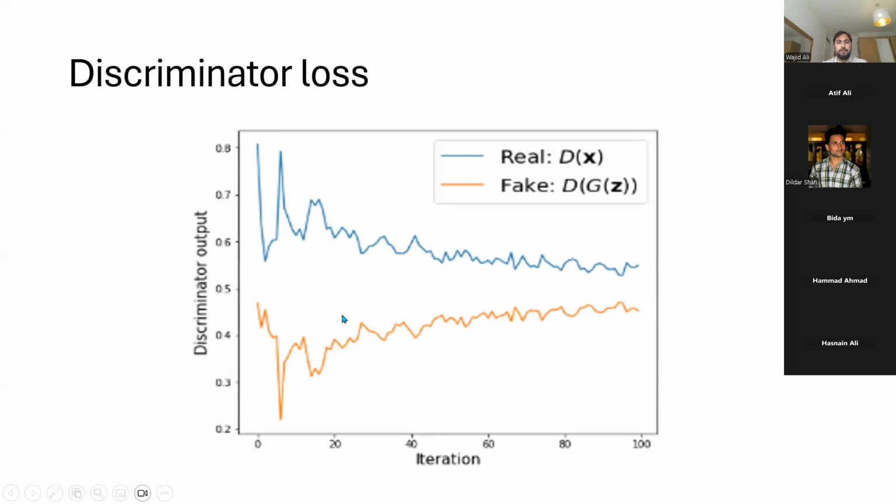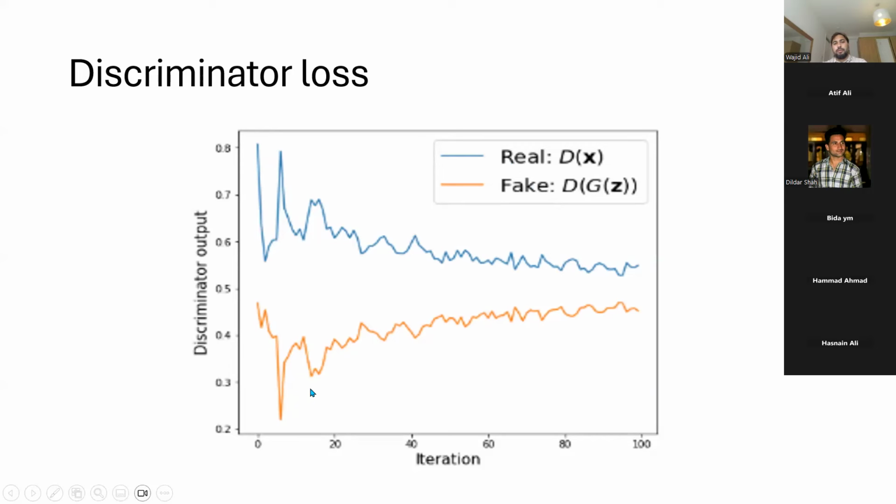This is how the discriminator loss looks. The yellow line shows fake data, and the blue one shows real data. Initially, the blue one is high because the GAN model is not trained; it will show a high value for real data and a low value for fake data.